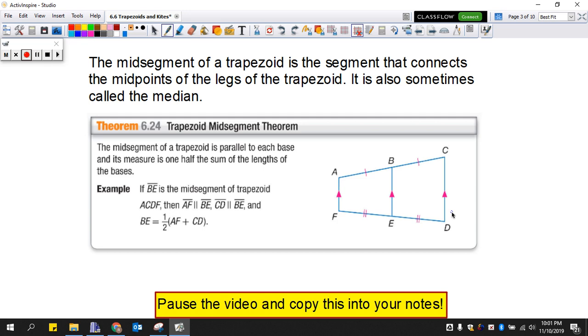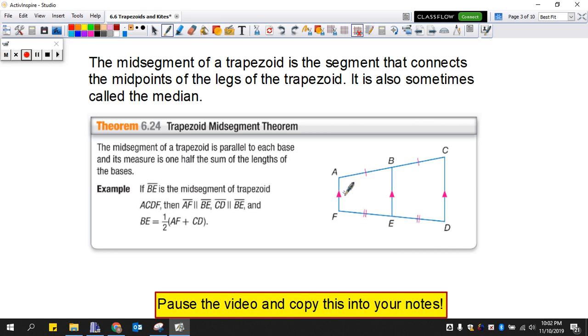The midsegment of a trapezoid is a segment that connects the midpoints of the legs of the trapezoid. Remember, the midpoint is the point right in the middle of the length, and both sides of the midpoint are congruent to each other. The midsegment is also sometimes called the median of a trapezoid. The trapezoid midsegment theorem says that the midsegment of a trapezoid is parallel to each base, and its measure is half of the sum of the lengths of the bases.